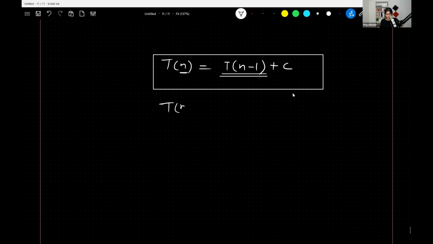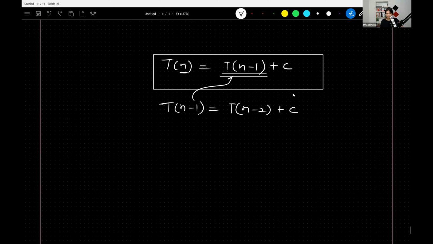Very simple thing you have to do. Substitute n with n minus 1 everywhere. So can I say it will be T of n minus 2 plus C? Yes or no? If I replace it here, I will get the equation as T of n minus 2 plus C.